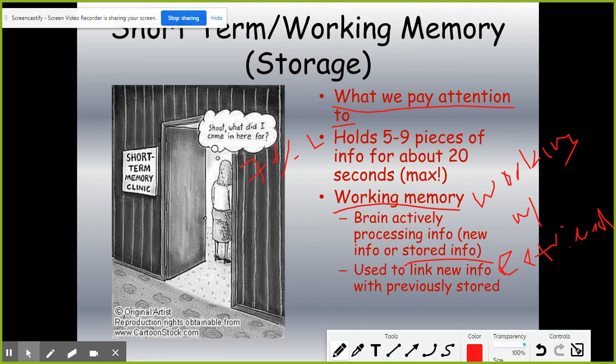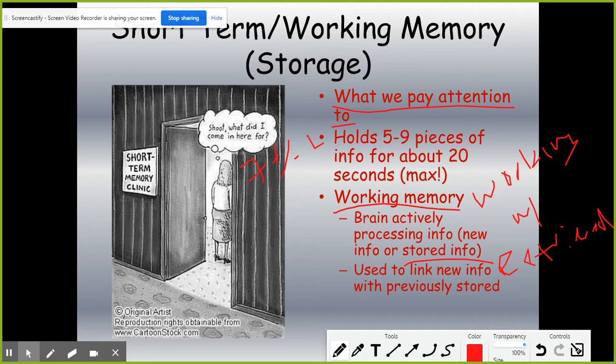That's why multitasking does not work. If you're trying to text and listen and write at the same time, that's overloading your working memory. We can hold about 5 to 9 pieces of information for about 20 seconds maximum. It's more like 12 seconds.